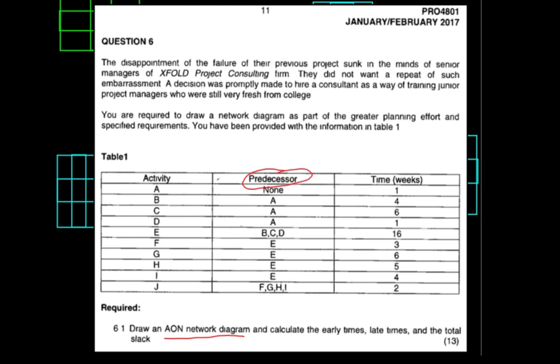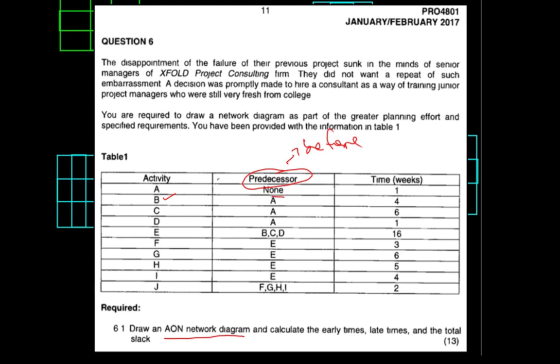So it's very important that you understand this. Predecessor. What is a predecessor? If we look at activity A, the predecessor of activity A, there is none because there aren't any activities before A. Predecessor simply means the activity that is before. If we go to activity B, what is the predecessor of activity B?